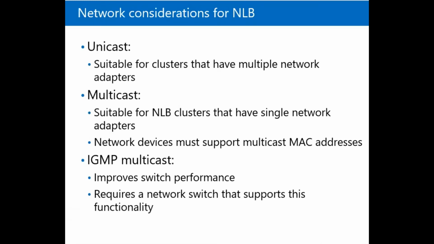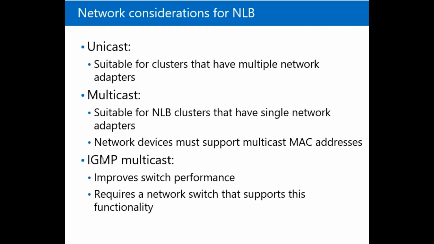Network considerations for NLB. Unicast is suitable for clusters that have multiple network adapters. Unicast mode we can set up if we have more than one NIC card. Multicast we're going to set up if we have a single network adapter. The network device must support multicast MAC address.